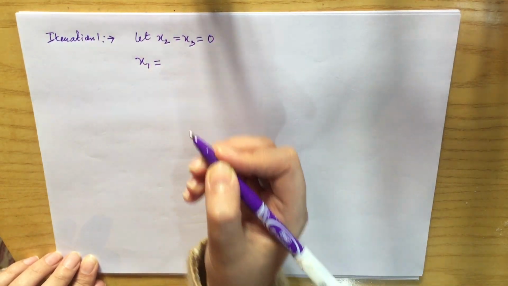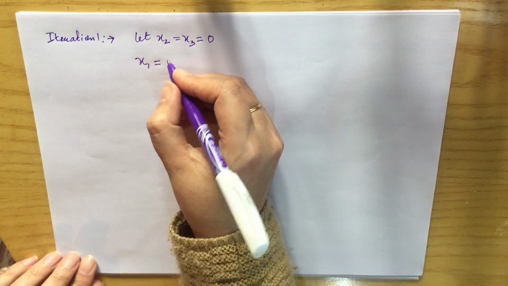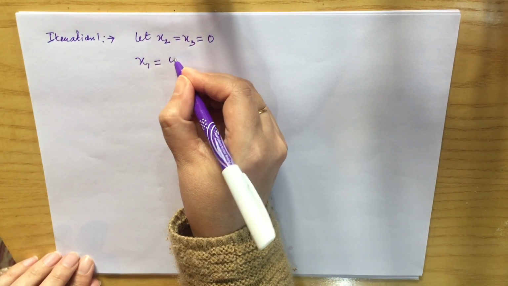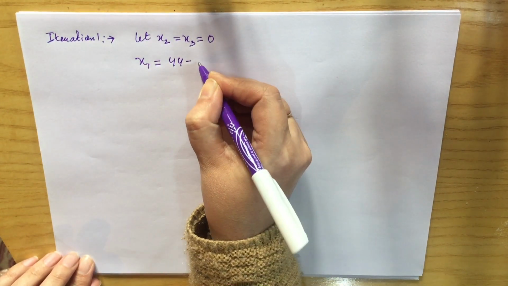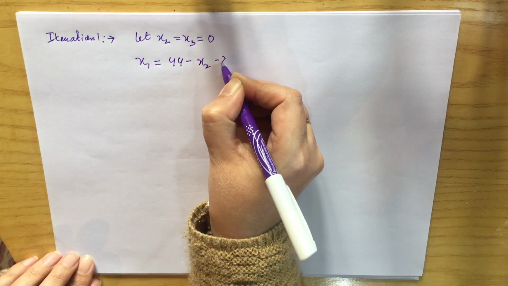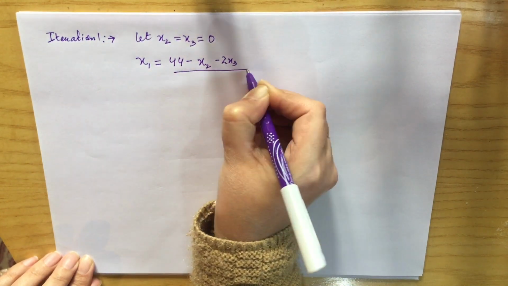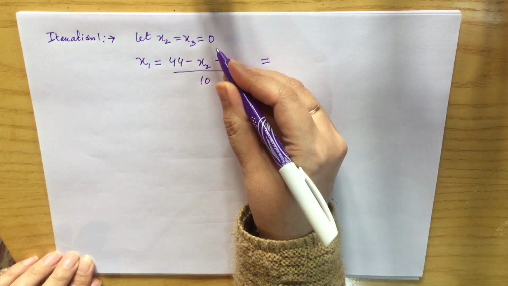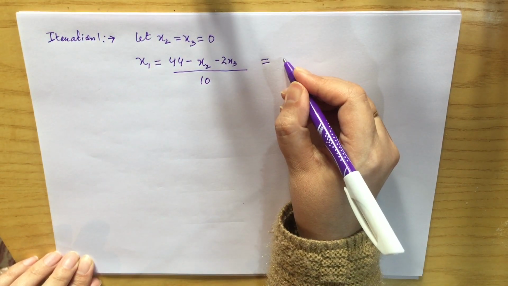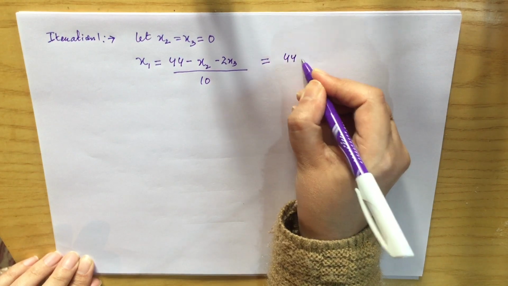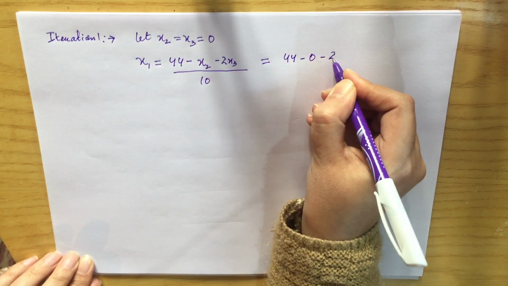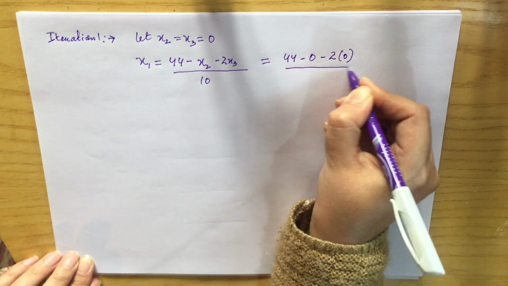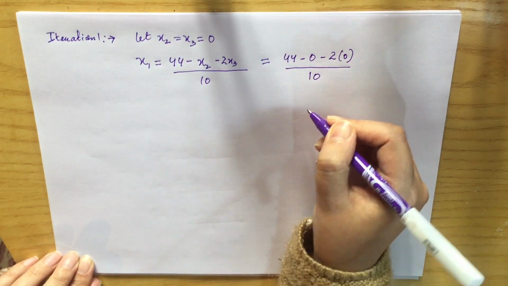So the x1 value will be equivalent to, we have to write the equation first, 44 minus x2 minus 2x3 divided by 10. So we will put the values of x2 and x3 as 0 in this equation. It will be equivalent to 44 minus 0 minus 2 multiplied by 0 divided by 10.